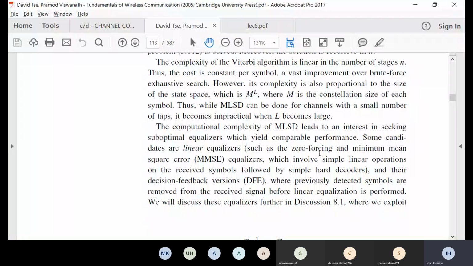But again, yes, there are these zero forcing, MMSE or DFE based maximum likelihood sequence detections. They detect a full-fledged sequence, but they are never optimum. Viterbi is the optimum algorithm.